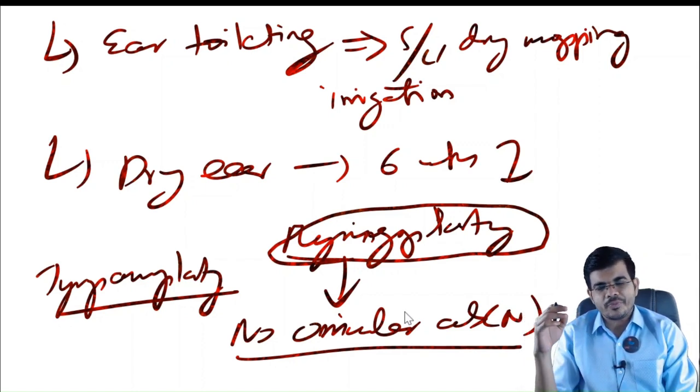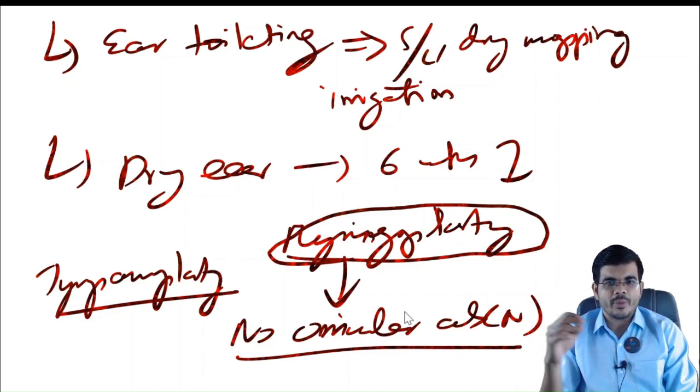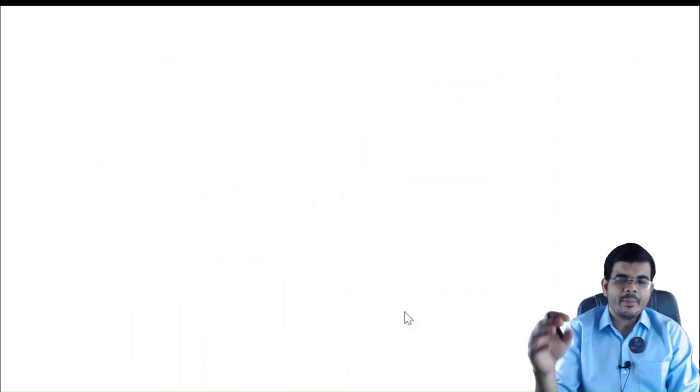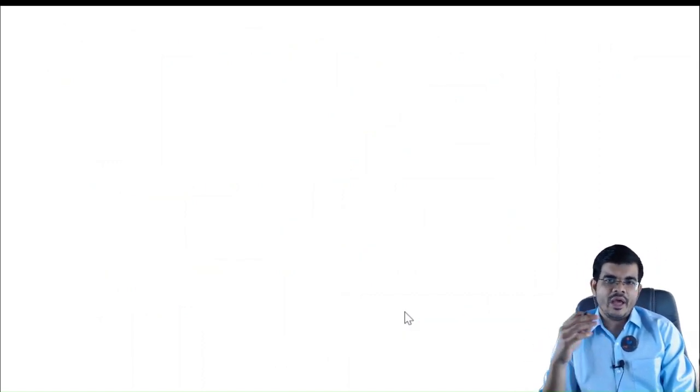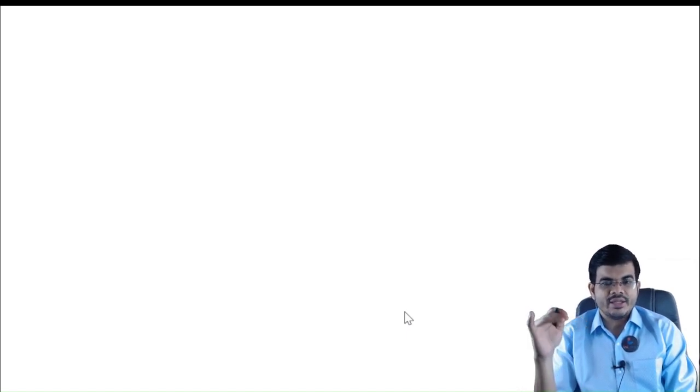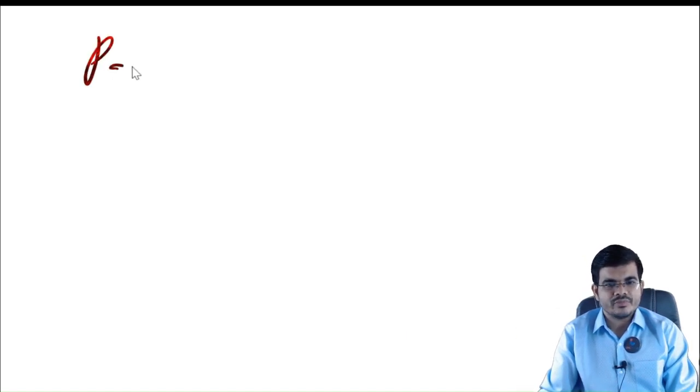So always you have to assess if there is any ossicular abnormality. How will you assess? One thing you can do is a pure tone audiogram, and you will get a rough idea about the hearing loss the patient is having. The second thing you can do is a patch test. How will you do a patch test?